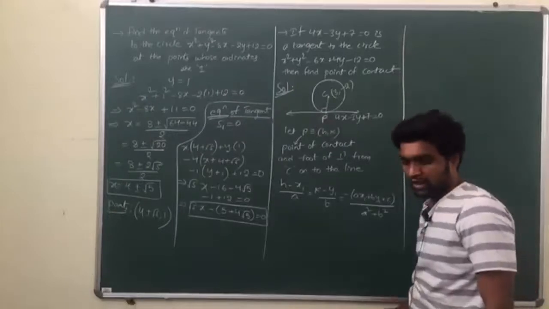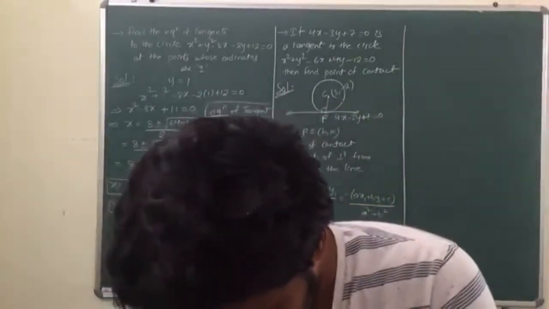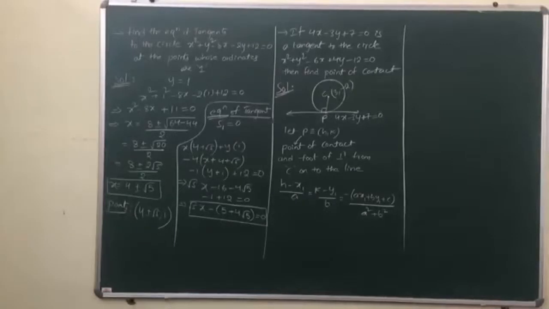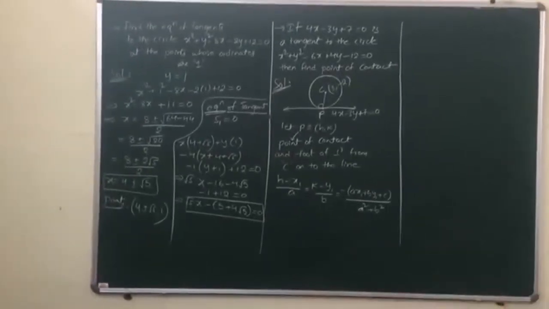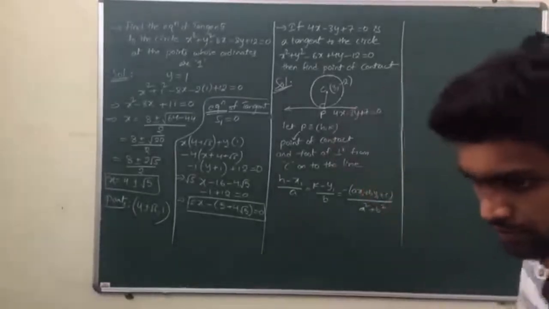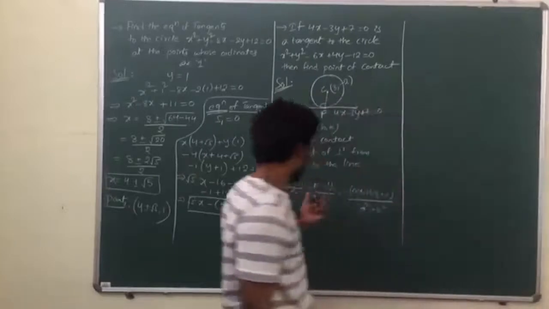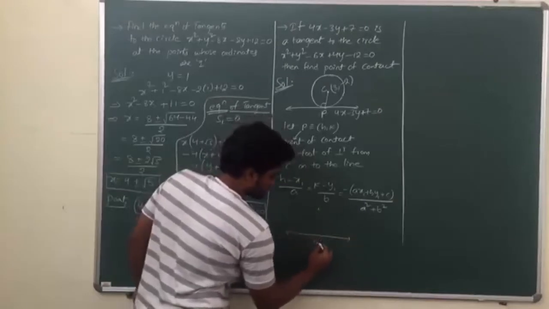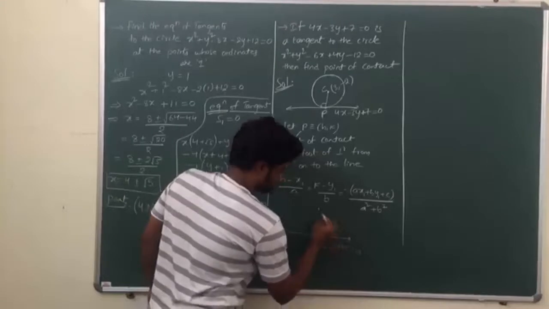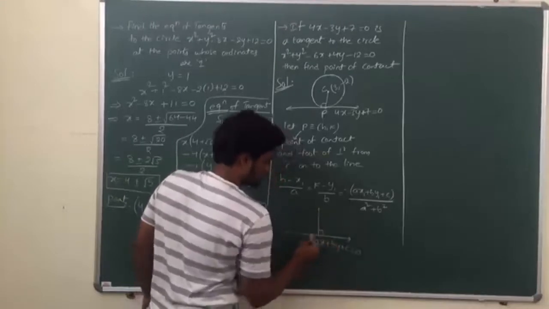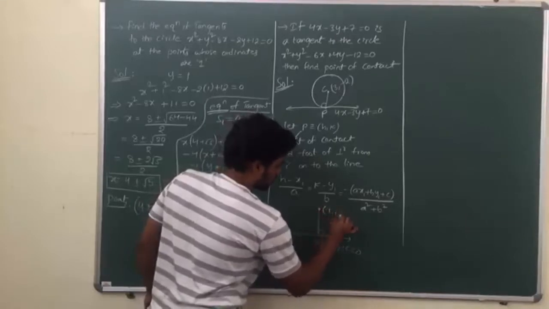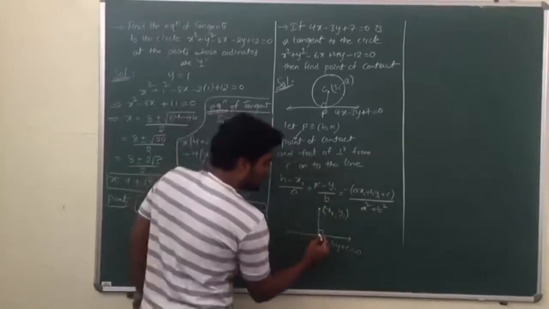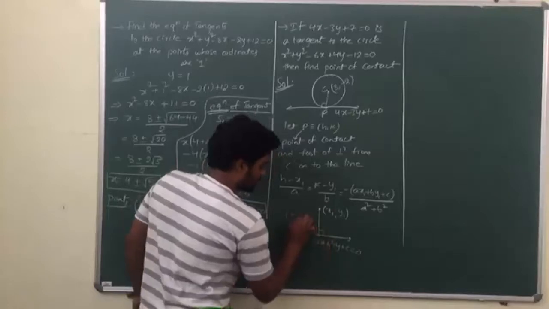Yes. So now what are x1 and y1? (x1, y1) is the point, and the foot of perpendicular is (h, k).